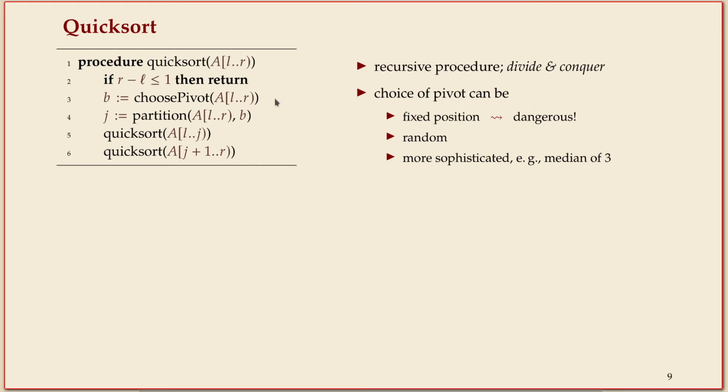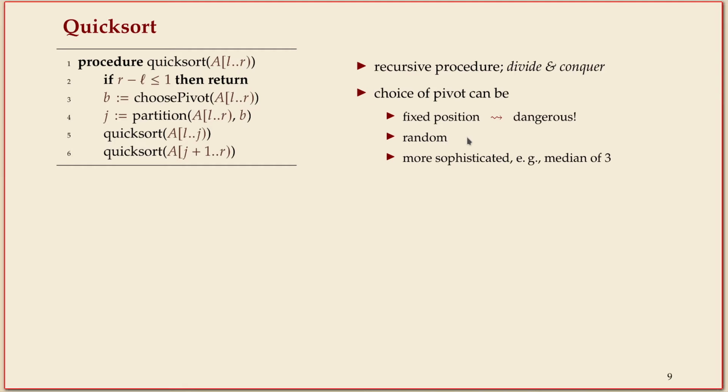Now, at this point, there's a call to a method, because choosing a good pivot for Quicksort is, again, a little tricky. You have to make compromises there. If you just pick a fixed position, like in the example, I picked the first one, that's actually a really bad idea. You can think about why. A much better idea is picking a random position, where you actually throw a dice and pick a random position.